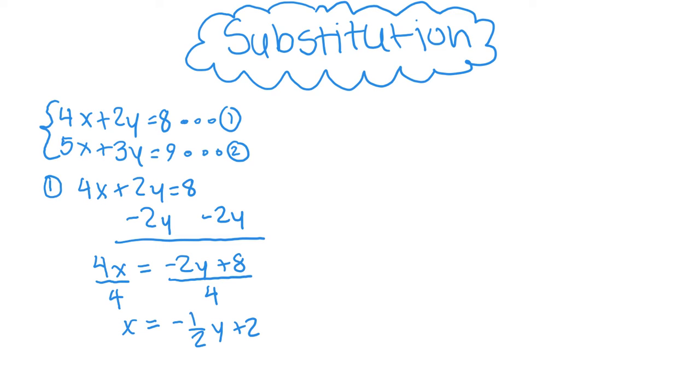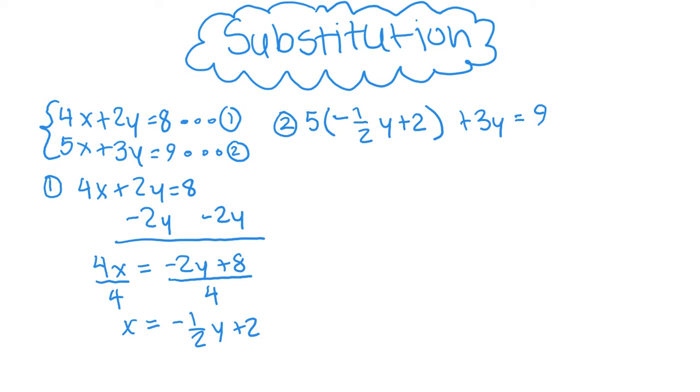Now that we've isolated x, we need to take this and substitute it into either equation number 1 or 2. I say that we go equation number 2 to mix it up a little. So 5 times negative 1 over 2y plus 2, plus 3y equals 9.